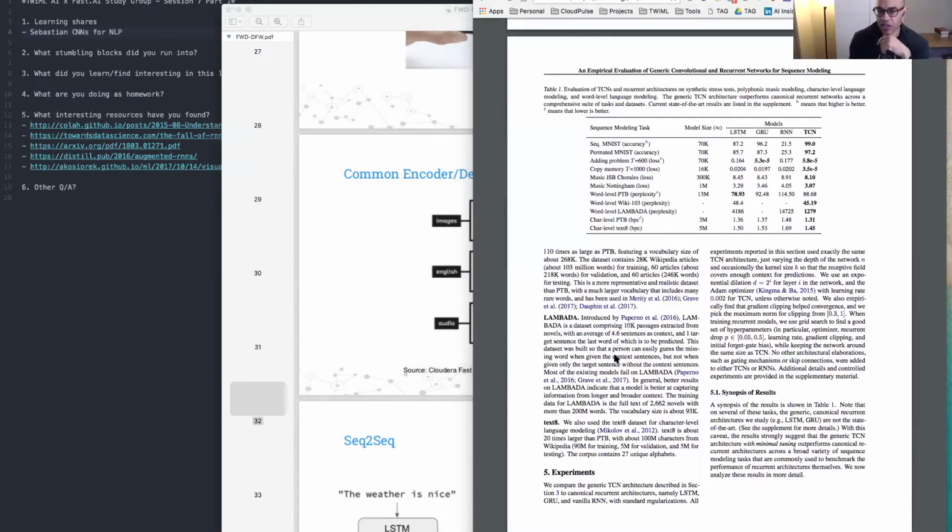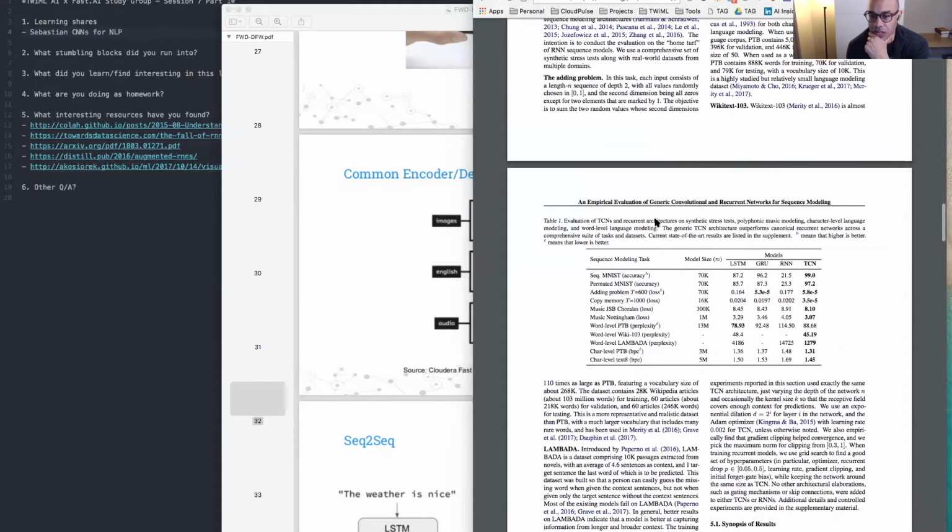When you say the advantages in terms of performance, you mean computational efficiency as opposed to task performance or accuracy? Yes. Got it. Well, if it's task performance, I would call it accuracy. But performance means faster. Yeah, so the generic TCN architecture outperforms canonical recurrent networks across a comprehensive suite of tasks and data sets.